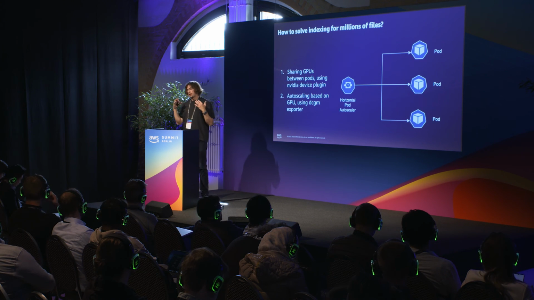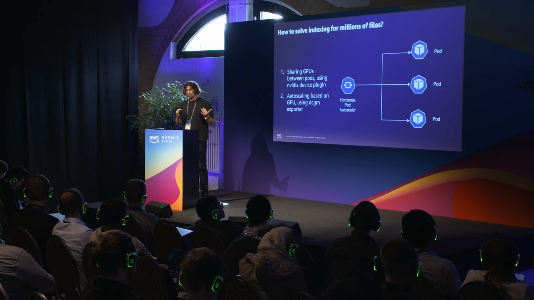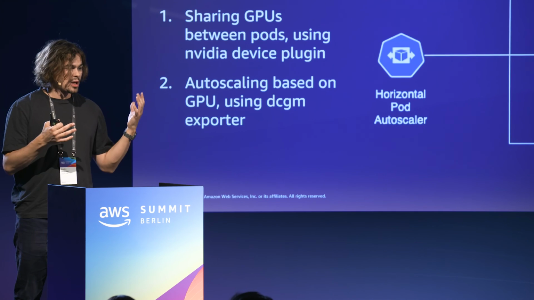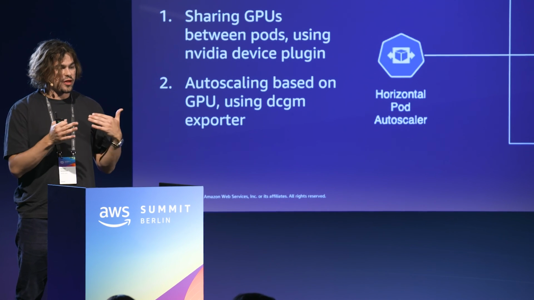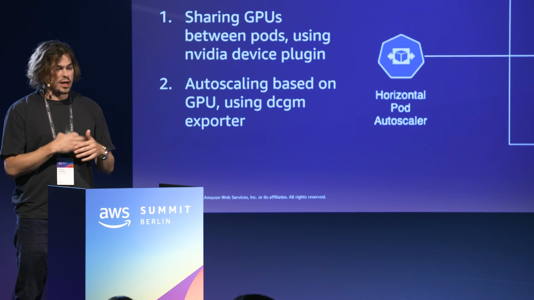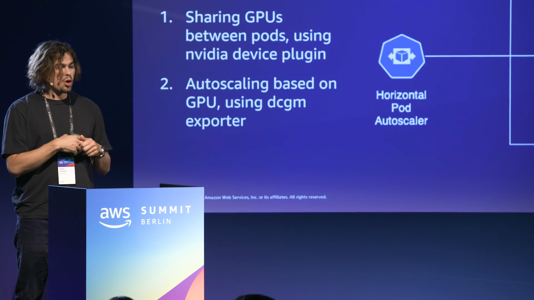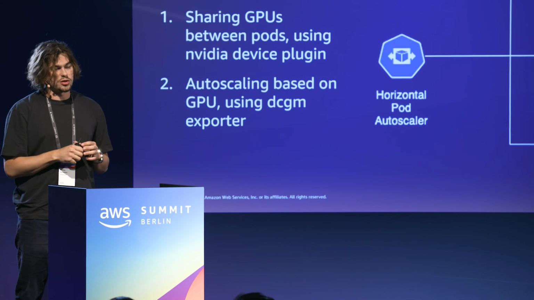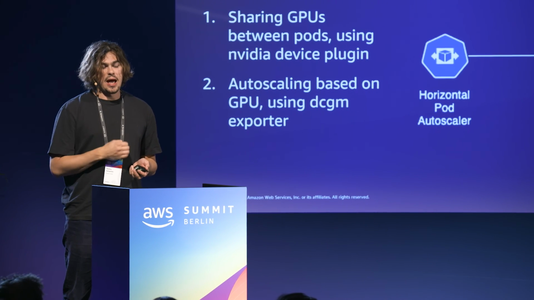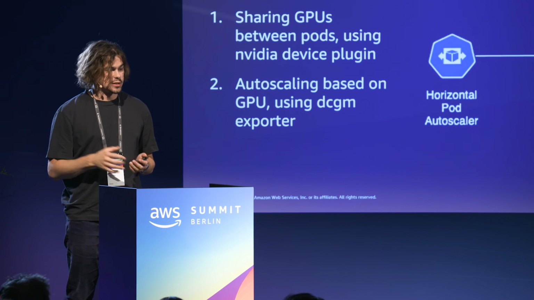It will expose GPU-specific metrics on your nodes. And if you have GPU metrics on your nodes, you can connect them with your Prometheus, you can connect them to your Grafana, you can monitor it, but more importantly, you can configure your horizontal pod autoscaler to respect these metrics and do autoscaling based on it.